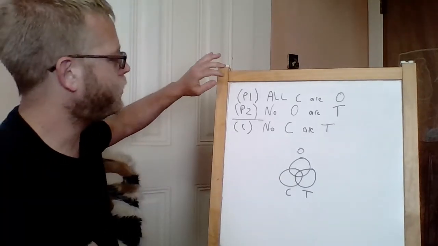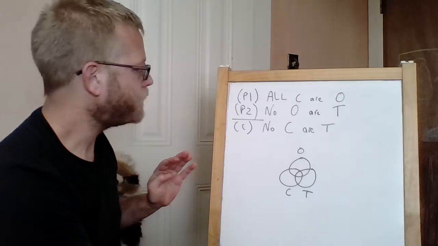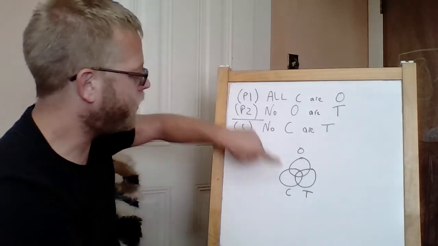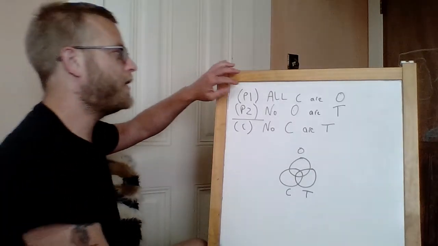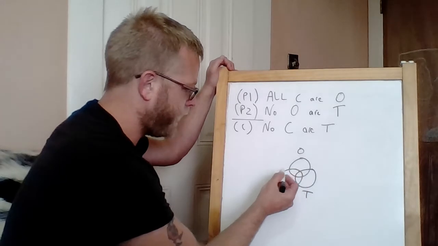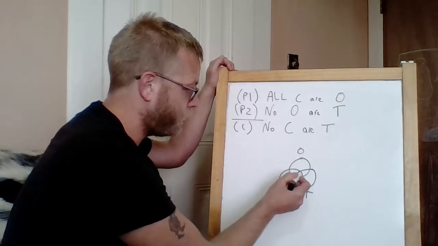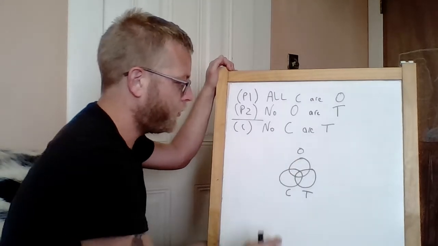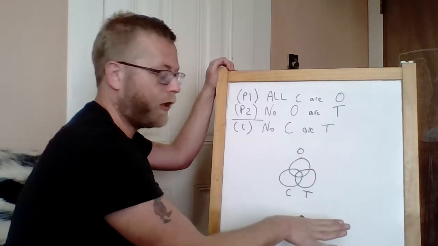Now all we have to do is use our knowledge of those four different kinds of statements and plug them into this format. Right? So all C are O. That is saying that if you're a member of the C group, you're also a member of the O group. Right? So this is saying about the C group and the O group, you can just completely ignore the T group.